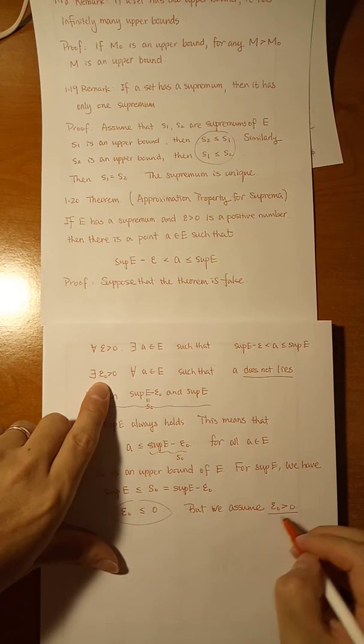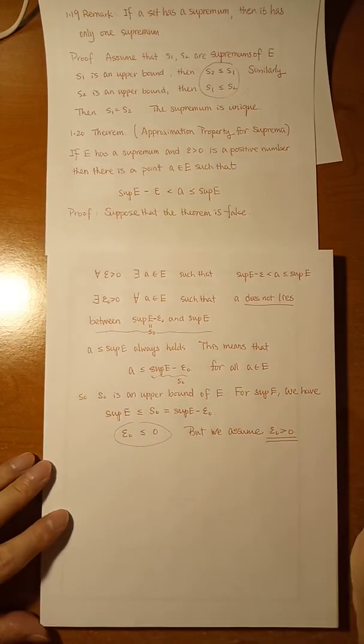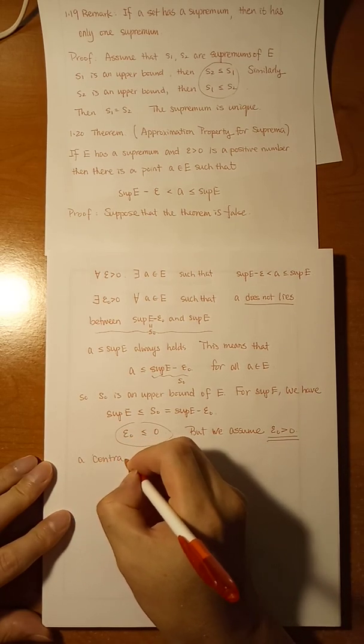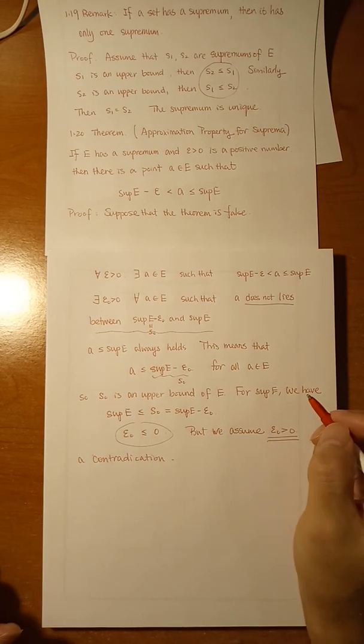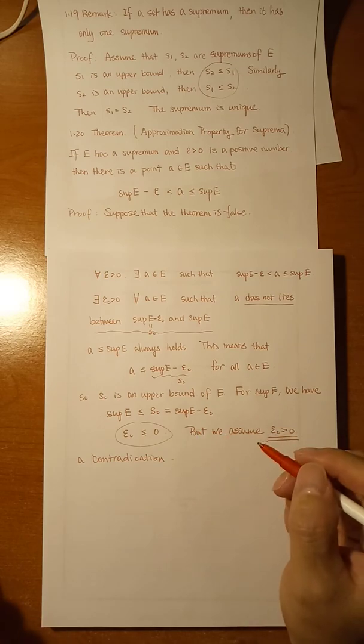You see, that's a direct contradiction. We assume a positive number, and then finally you get a negative number.